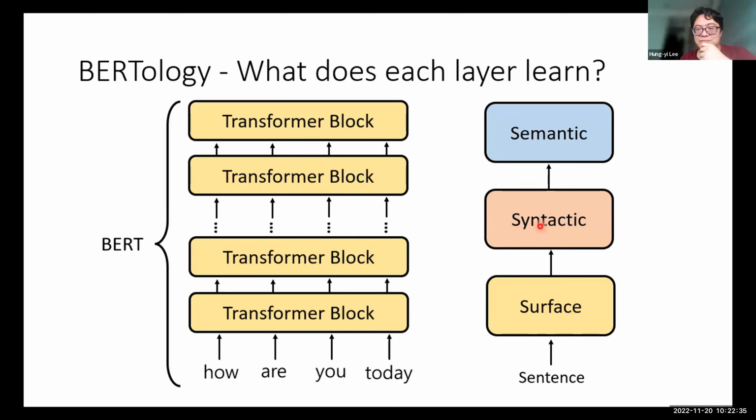Then it does some basic syntactic analysis. Then it does some more high-level semantic analysis. So the first few layers include surface information, the middle layers do syntactic parsing, and the last few layers do semantic understanding. Several papers provide evidence for that.